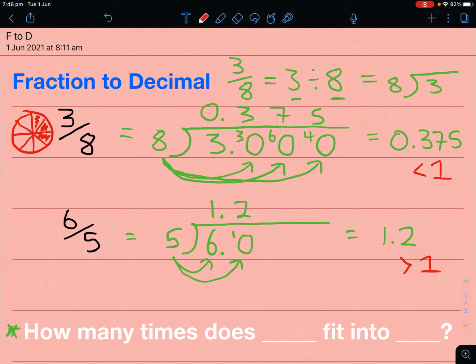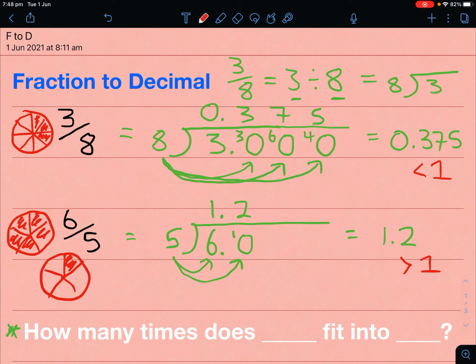So we haven't got a full pizza, we've only got 3 of the 8. Whereas in the second example, we had 6/5. So that would mean that each pizza has 5 pieces to it. And if we've got 6, that must mean we've got 1 full pizza, and then we've actually started to eat into our second pizza, and there's our 6/5.